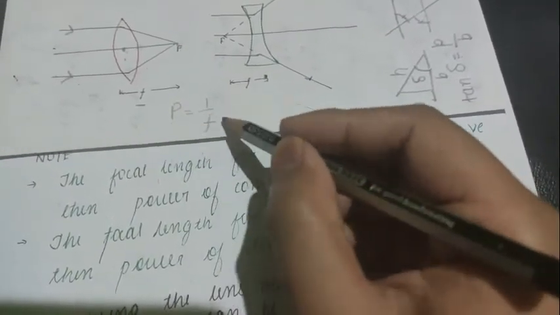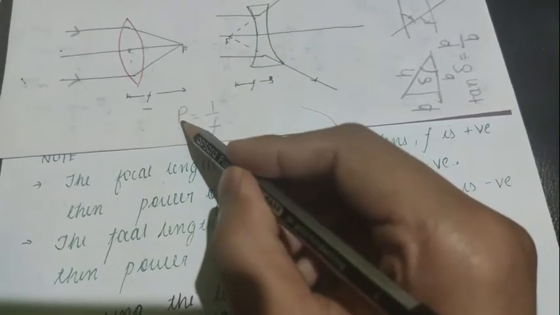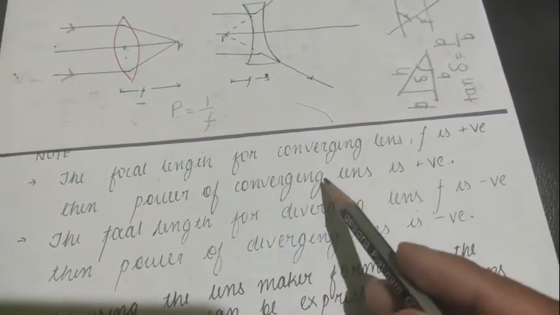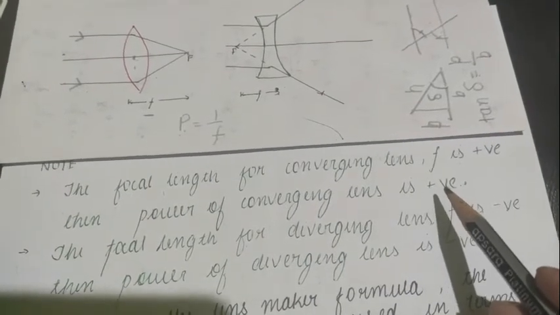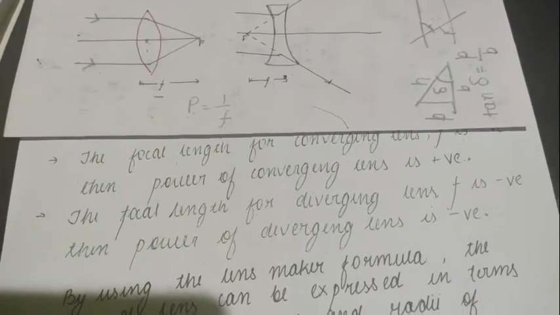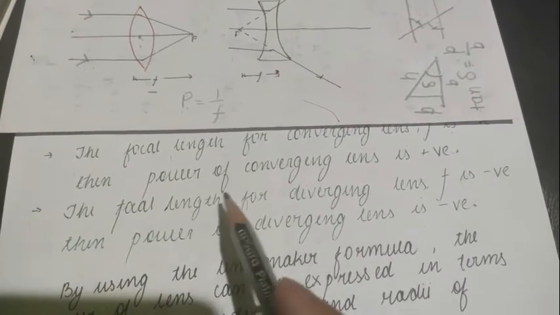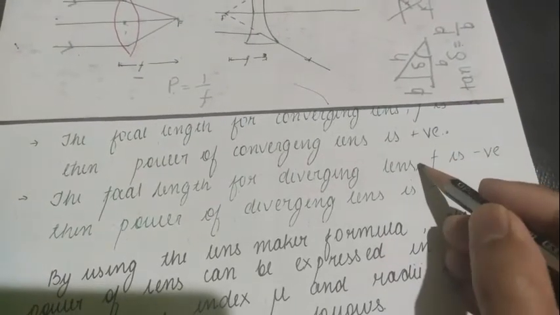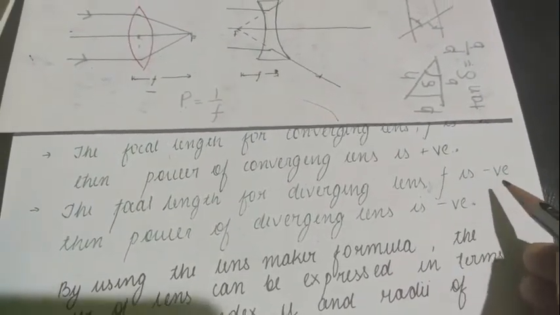If the whole term is positive, my power is also positive. Therefore, power of the converging lens is also positive. Is it clear?